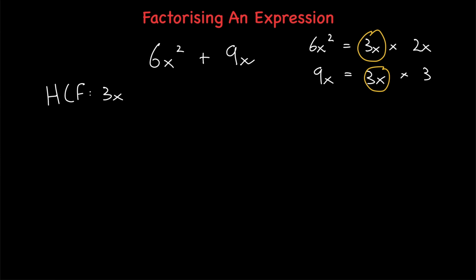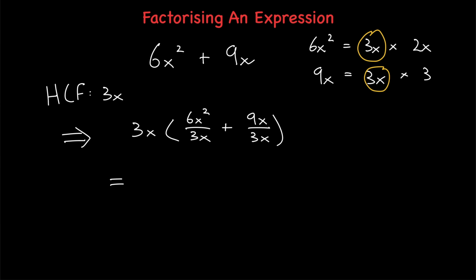Following the original steps, we put the highest common factor outside the brackets and then divide each term on the inside by the highest common factor. And so then if we simplify this expression, on the outside we have 3x, and then inside the brackets, 6x squared divided by 3x.